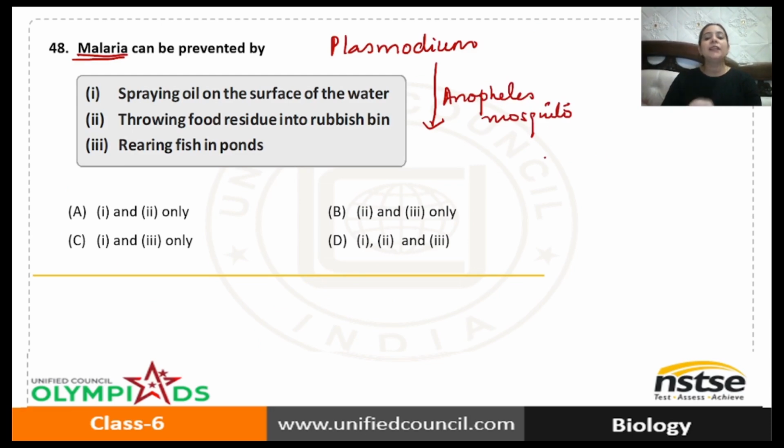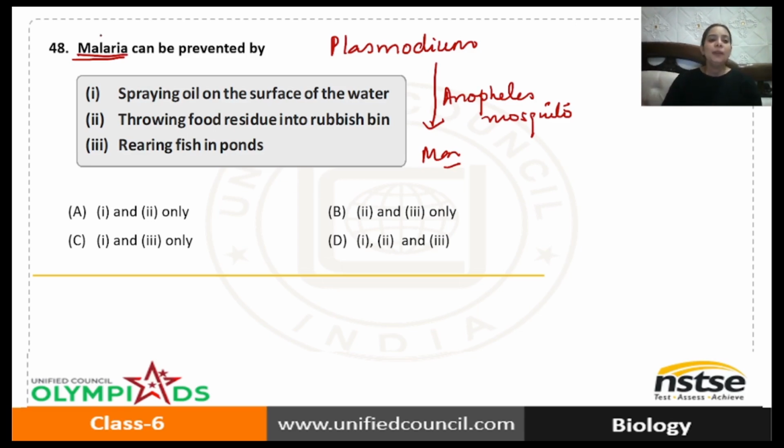It is present in the saliva of the Anopheles mosquito. So when a mosquito bites you, the saliva comes in contact with the blood and transfers the plasmodium into your body. Wherever the mosquitoes are more, they can be the source of spreading the disease, so that particular place would be more prone to mosquito borne diseases.